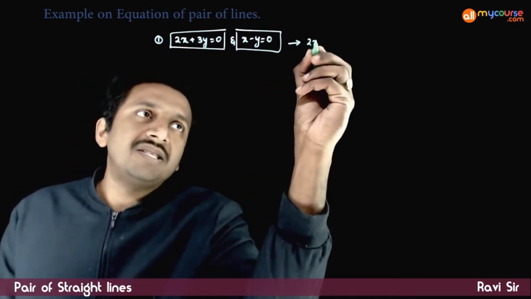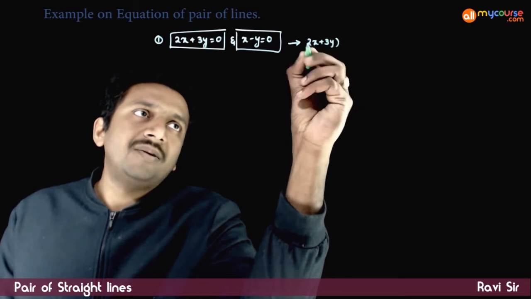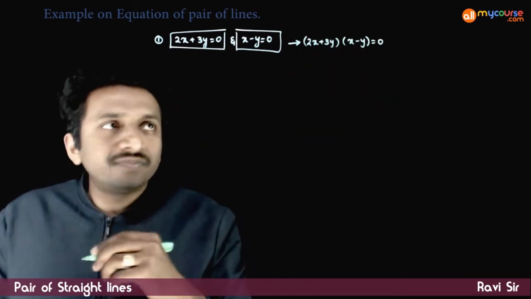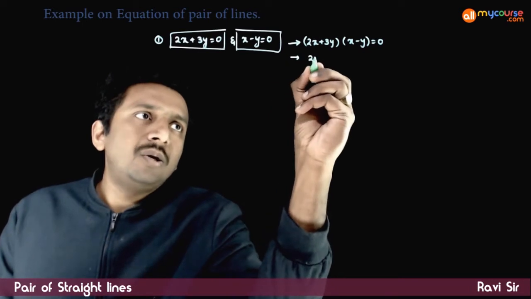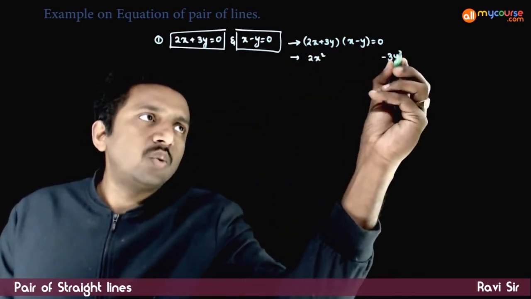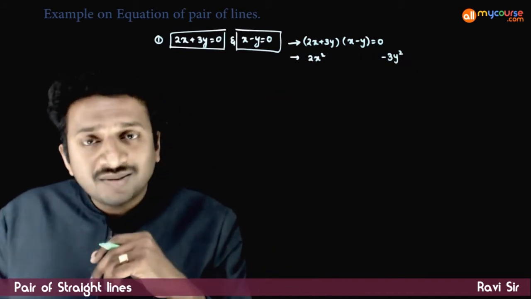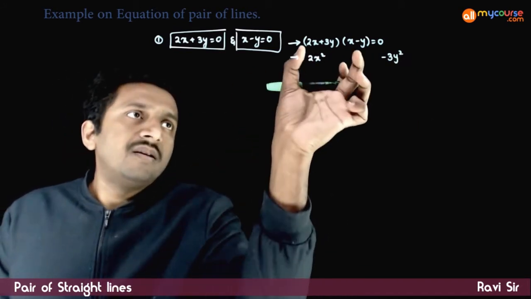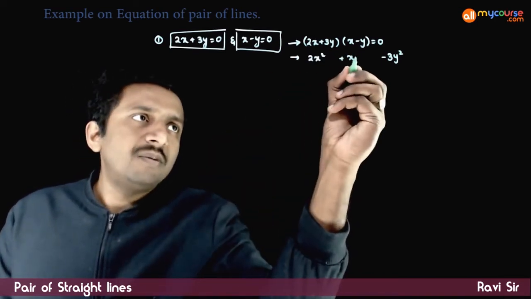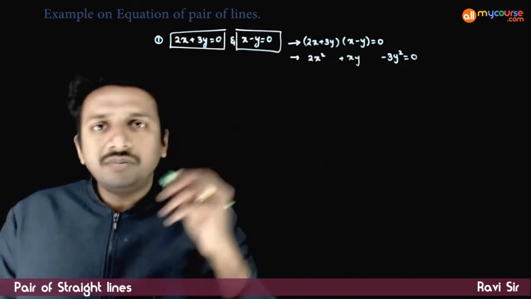The combined equation is nothing but 2x plus 3y times x minus y is equal to 0. That is 2x square, 3y into minus y is minus 3y square, minus 2xy plus 3xy, that is plus xy, is equal to 0.